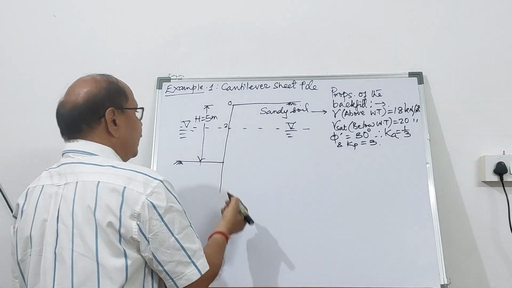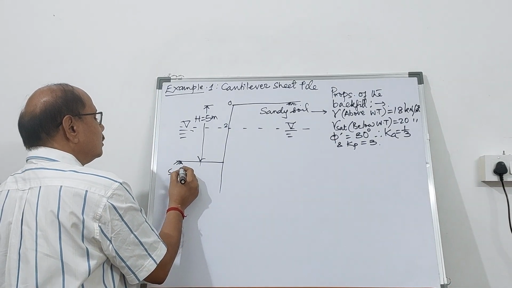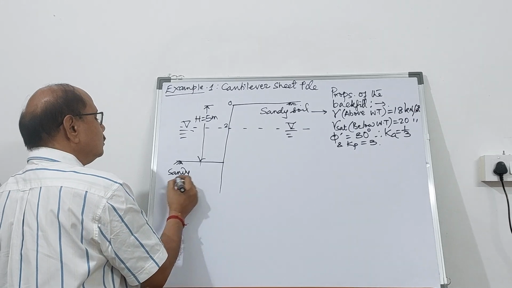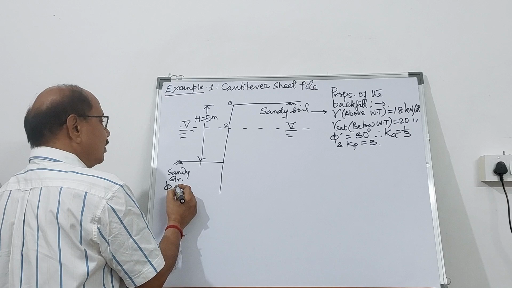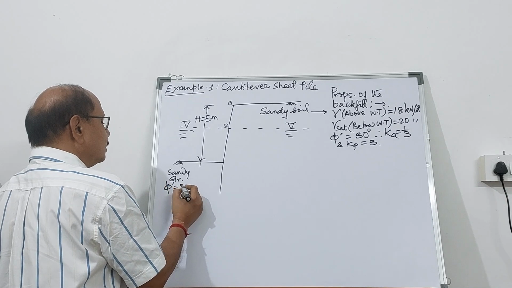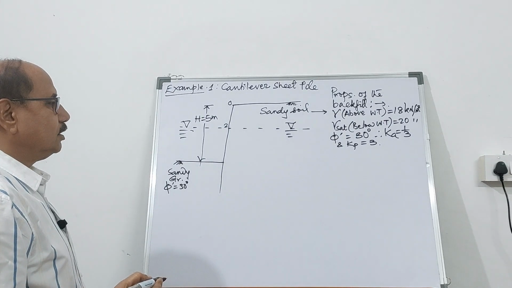So here there is also sandy ground having same value of phi equal to 30 degree.